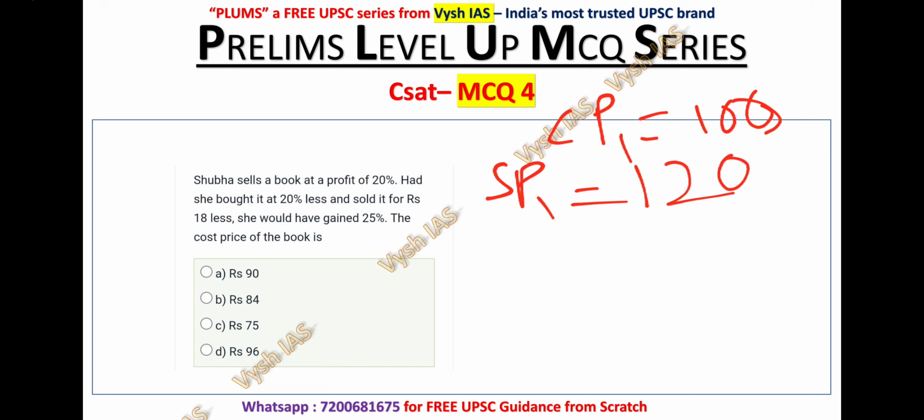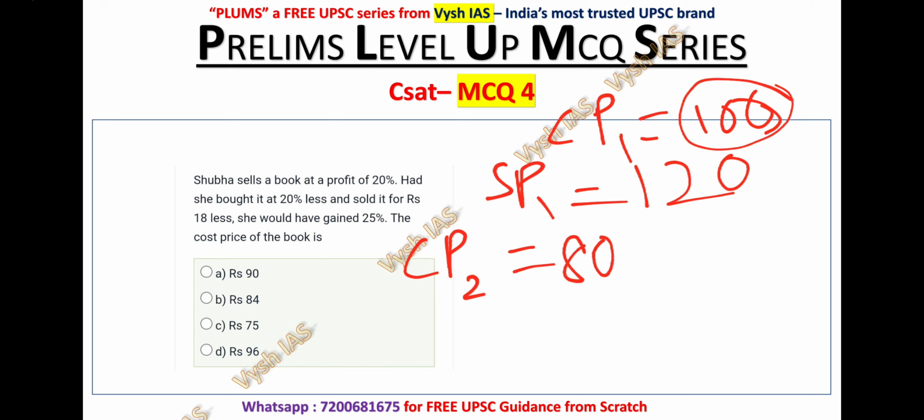Had she bought it for 20% less, so the next CP is 80. 20% less of 100 is nothing but 80. She would have sold it for rupees 18 less and she would have gained 25%. So what they are saying is, if she bought it for 20% less and sold it for 18 less, she would have gained 25%.